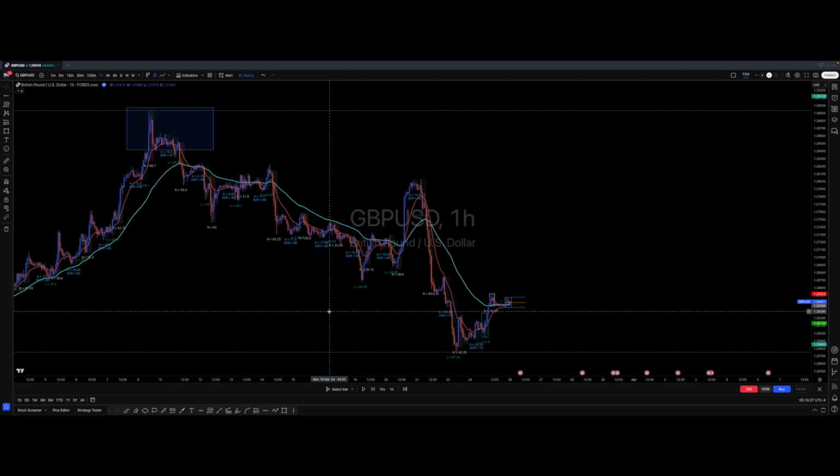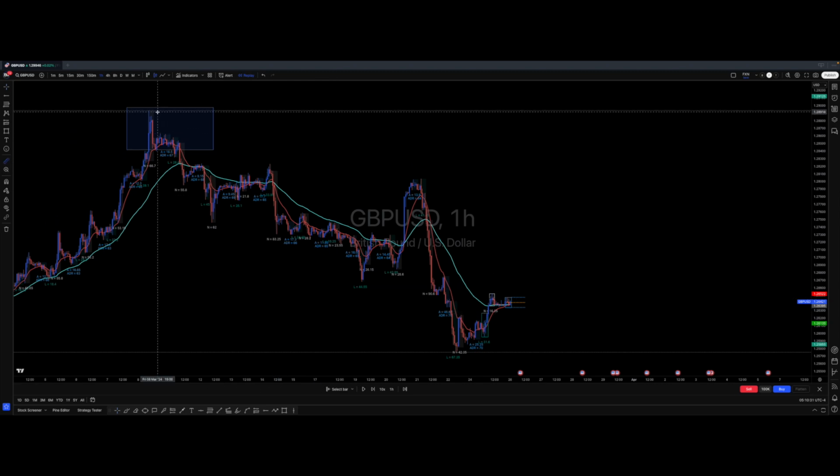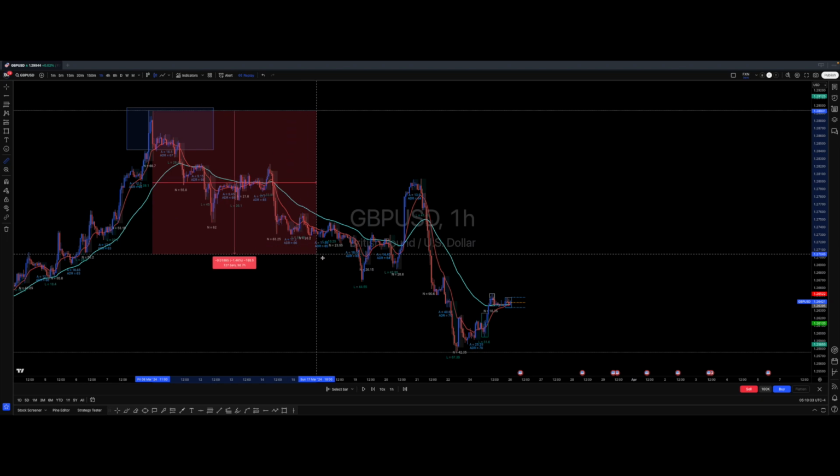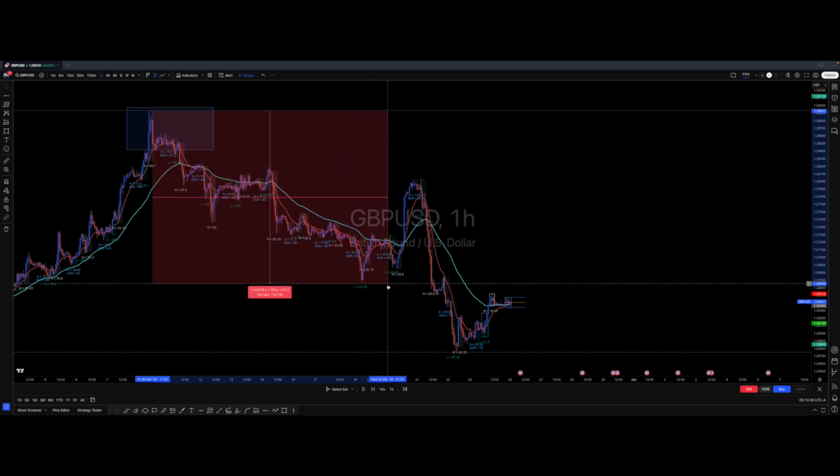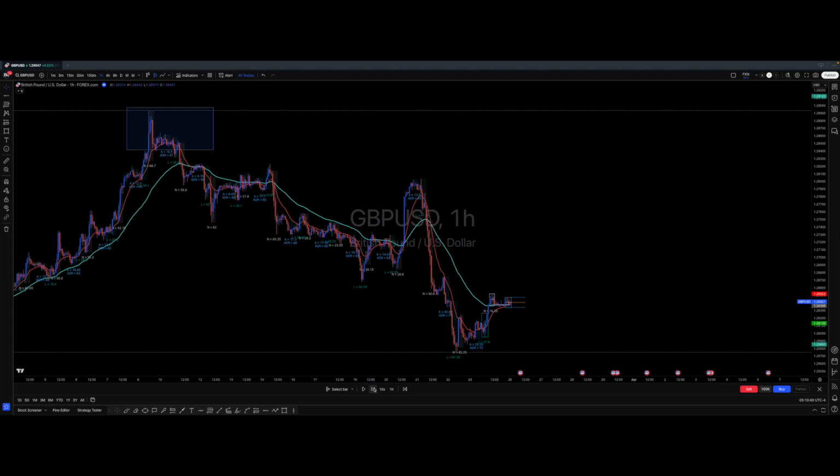So full cycle 3 times ADR would be around 201. Okay, so let's just start from there. I can pretty much already tell you, here's a full cycle right here. This would be peak formation low.